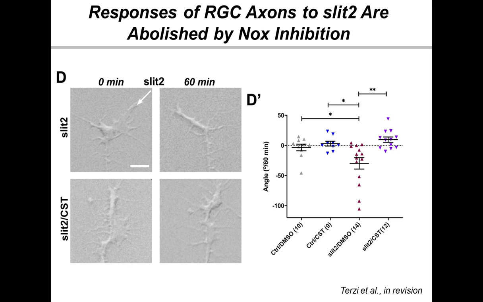You can see SLIT2 in the upper panel, and the growth cone turns to the left, while in the lower panel, we add a Nox inhibitor together with the SLIT2 gradient, and then the repulsive effect of SLIT2 is abolished. So the growth cone kind of ignores SLIT2, as you see on the lower right. This is quantified again on the right. You can see that the normal effect of SLIT2, which is causing a negative angle, is abolished by the presence of the Nox2 inhibitor.